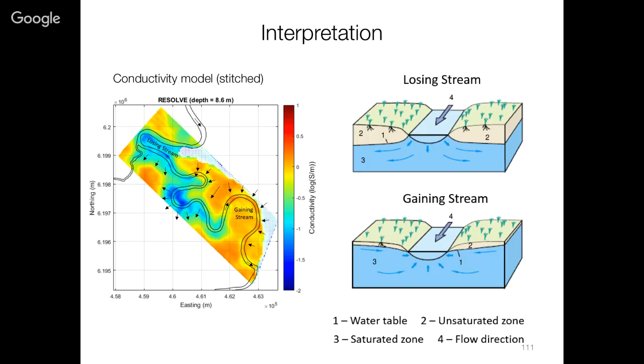Okay, so that's our interpretation from the conductivity: these parts of the stream are actually gaining salts, and these parts here are actually losing that fresh water up to the side. So they're flooding the region with fresh water.